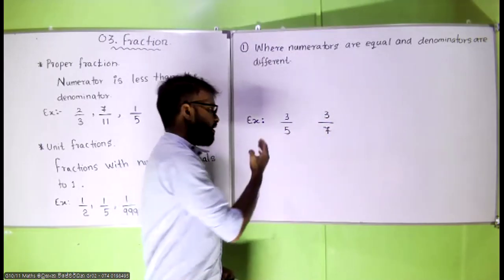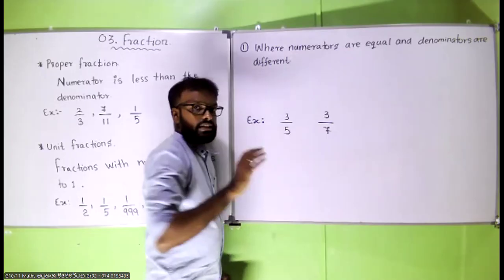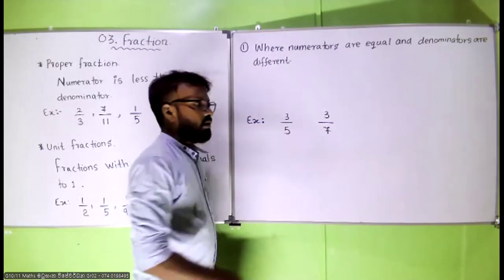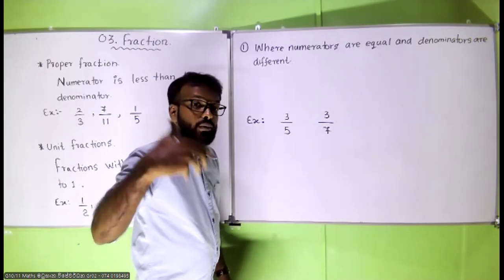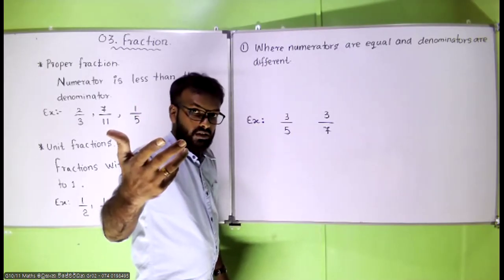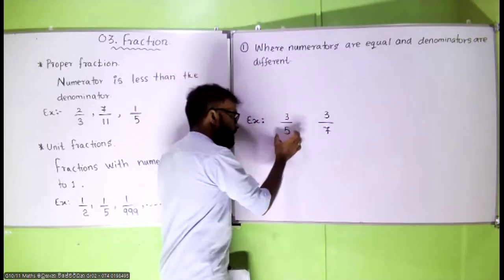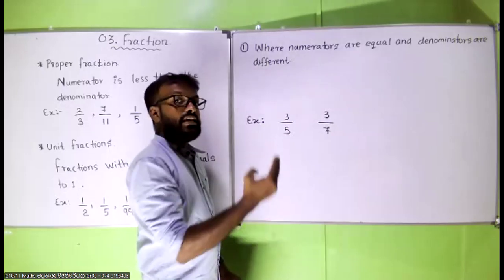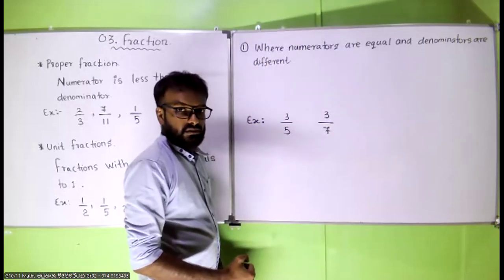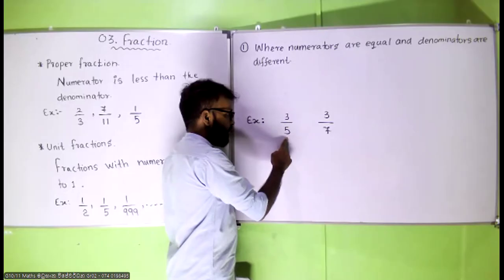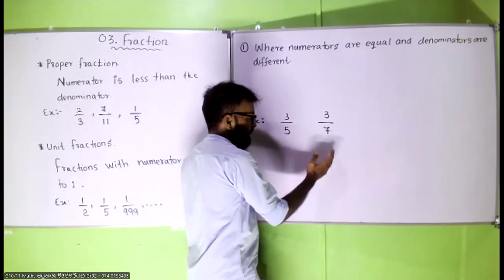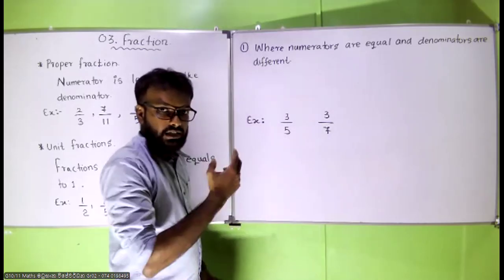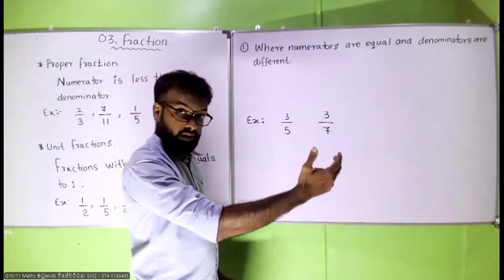If the numerators are equal and the denominators are different, when the denominator is increased, 5, 7, to this side the denominator is gradually increasing.